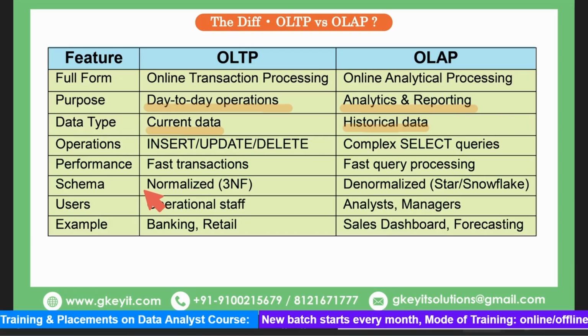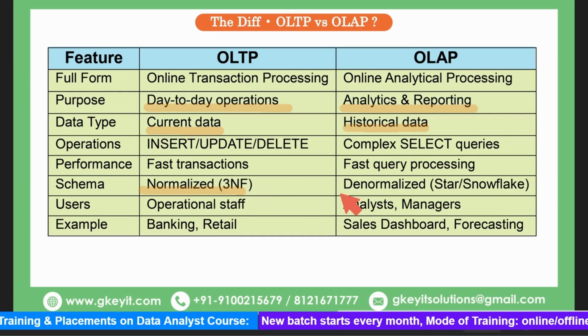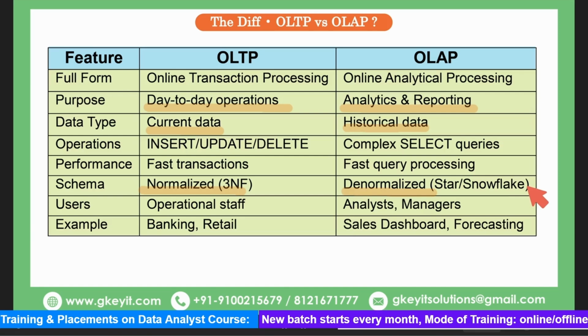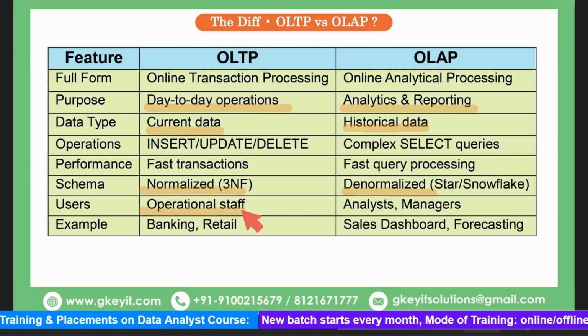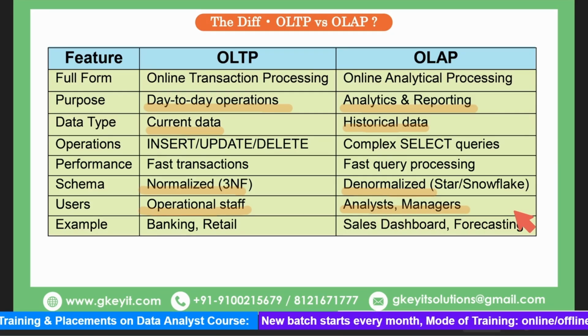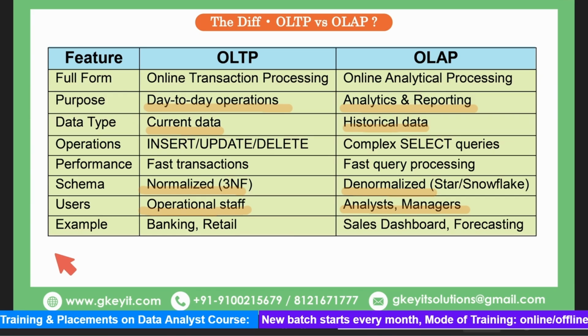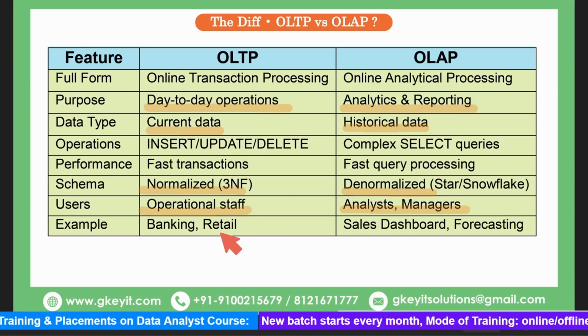And coming to the schemas, OLTP systems are normalized with 3NF rules, whereas OLAP systems are denormalized with star and snowflake schema models. Coming to the users, OLTP systems have operational staff, whereas OLAP systems have analysts and managers for the report analysis. Coming to the examples, OLTP system examples are banking and retail.